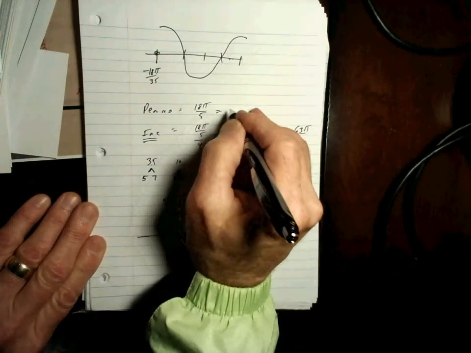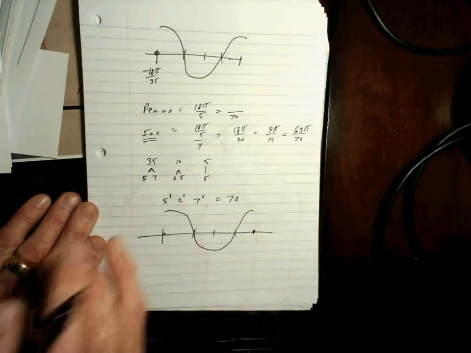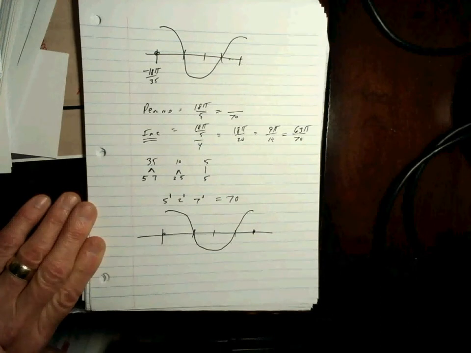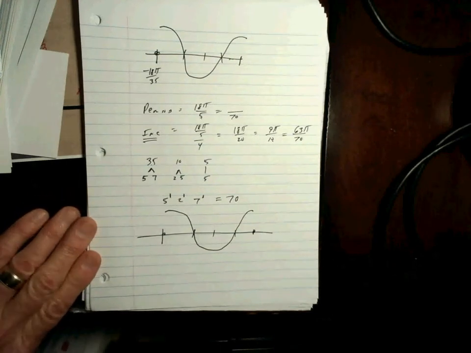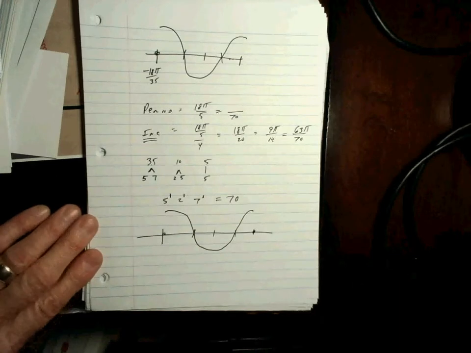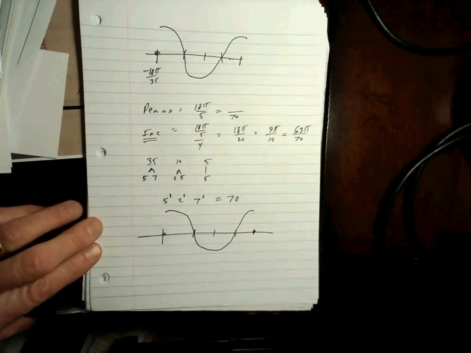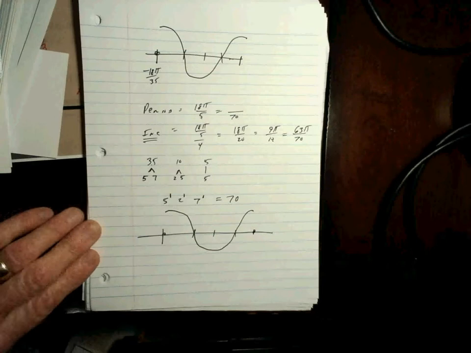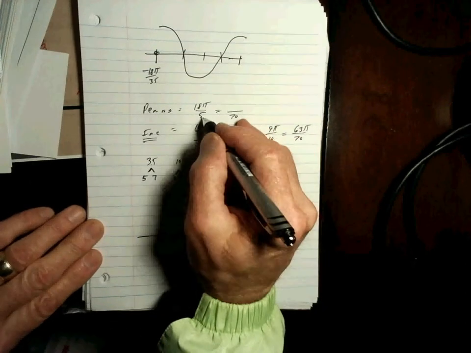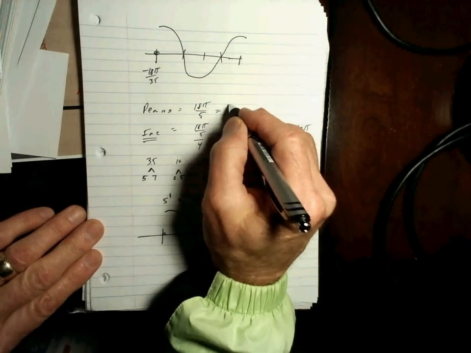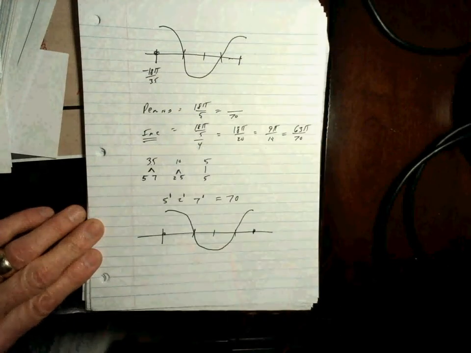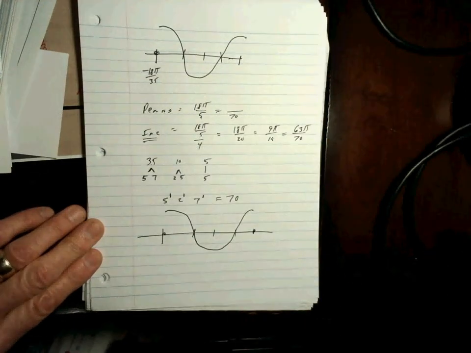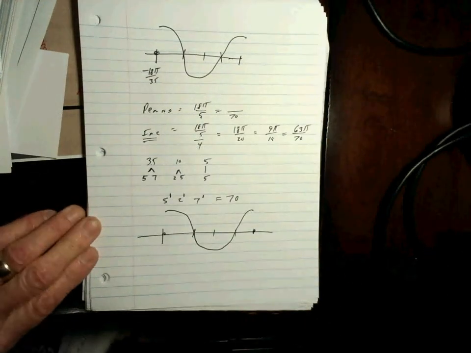Making this 70 as well, I know that 5 times 14 is equal to 70. So I'll multiply both top and bottom by 14, and 18 times 14 is equal to 252.